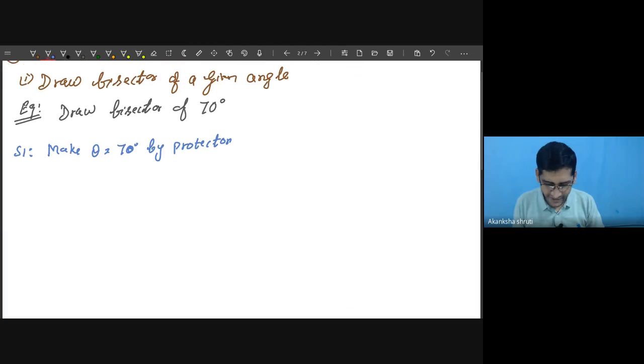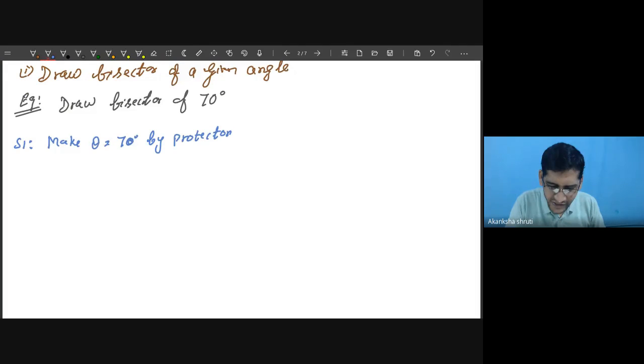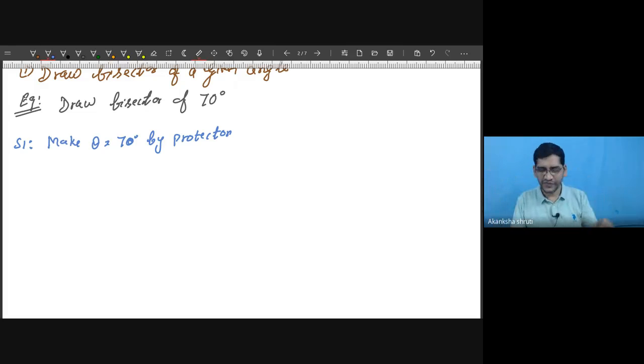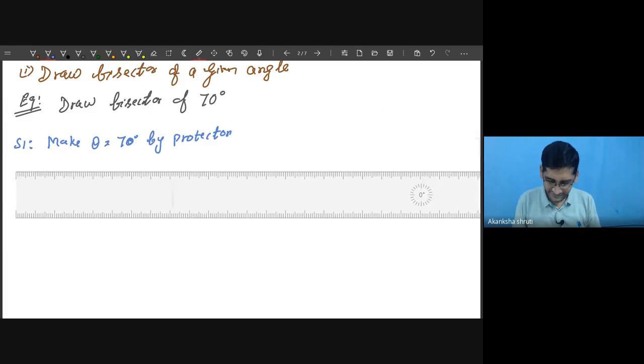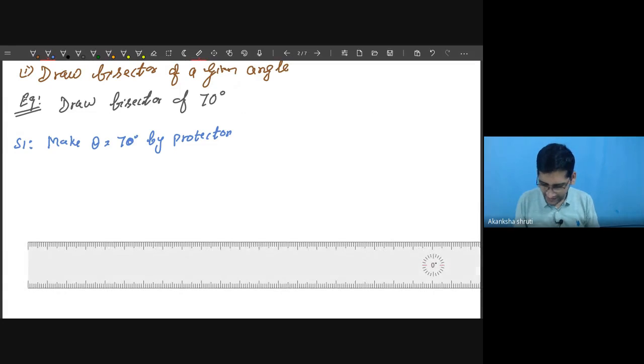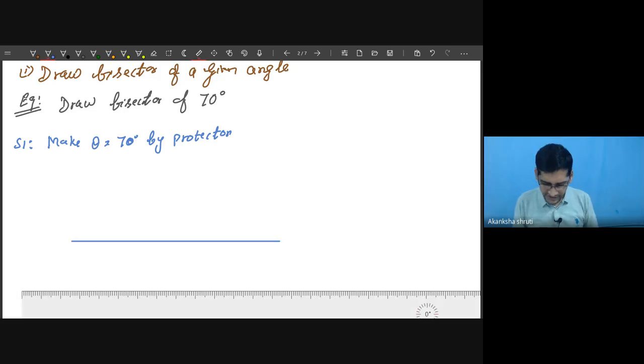For drawing this 70 degree angle, I can take this protractor. First I will take a line, and at one of the points we will make 70 degree. Just take this line as a ray.